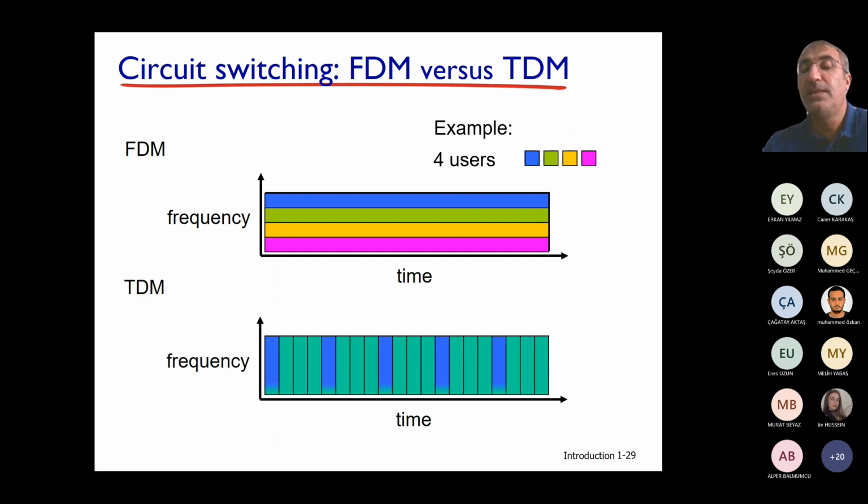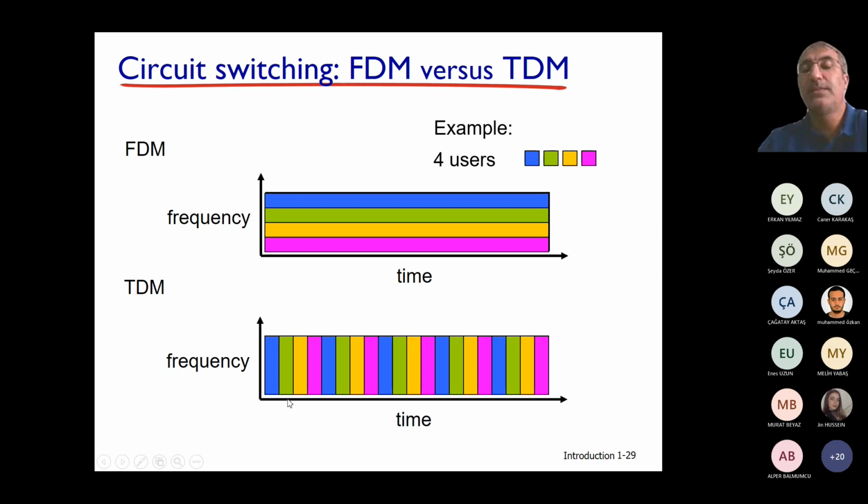In case of TDM, let's use the same example. We have a 4 megahertz channel, and we are gonna use this channel one by one. In time division multiplexers, let's say we have 4 users.